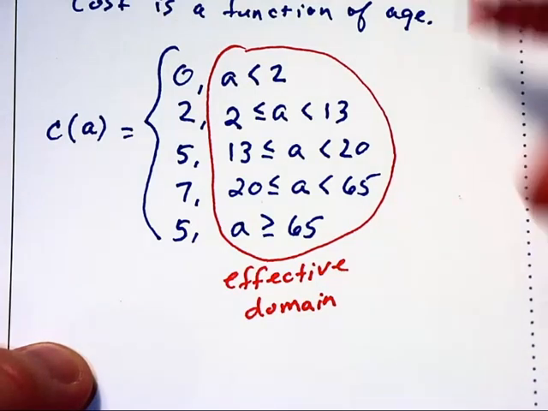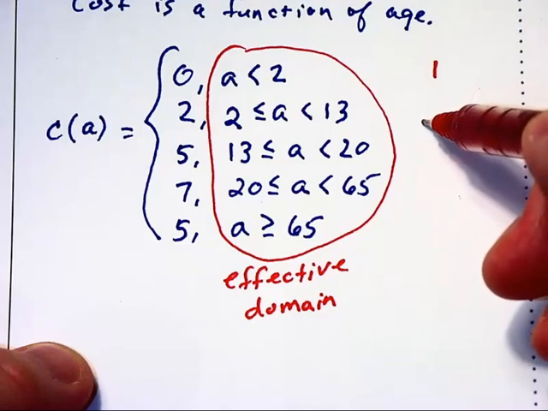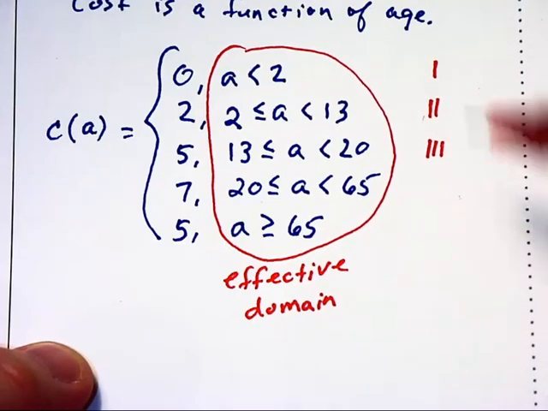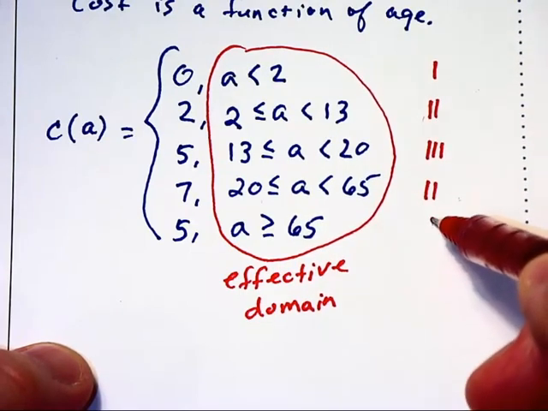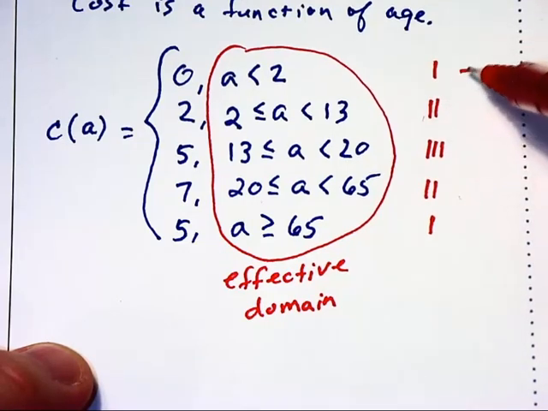There is 1 infant, 2 children, 3 teenagers, 2 adults, and 1 grandparent. Now I'm kind of going with a tally system here. Your 1 infant is free.